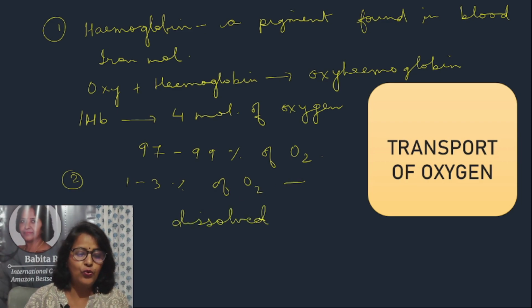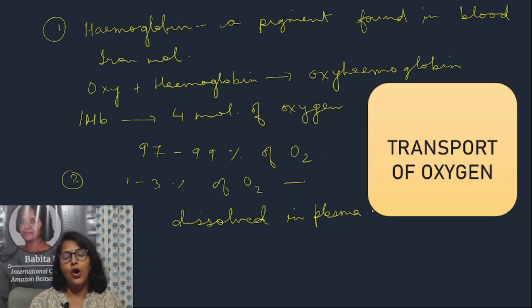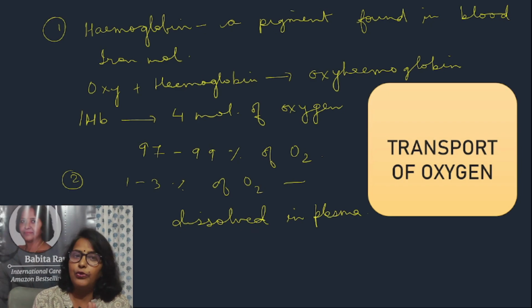So there are 2 ways by which oxygen can be transported to different parts of the body. One is with the help of hemoglobin, which is a respiratory pigment found in the blood. This respiratory pigment has an iron molecule in its molecular structure, and this is capable of carrying oxygen molecules.